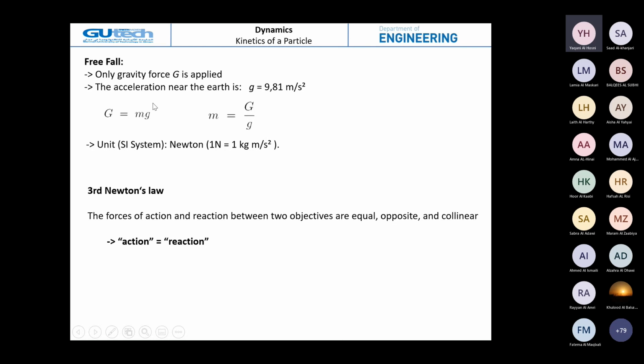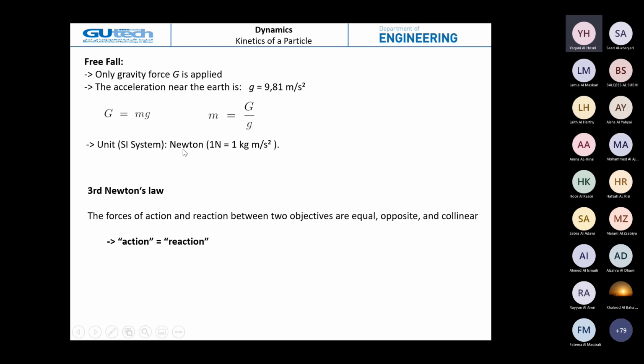Then we can say the gravity force G is only the mass multiplied by the gravitational acceleration g. In this case, we can get the mass as the gravity force divided by the gravitational acceleration.